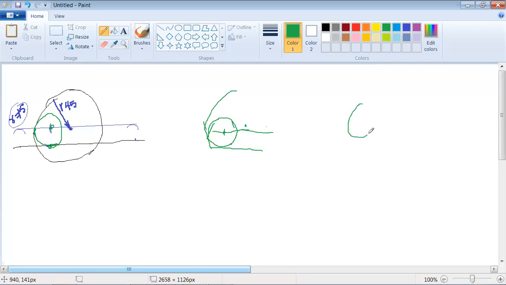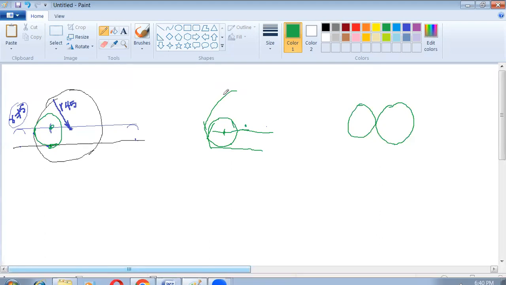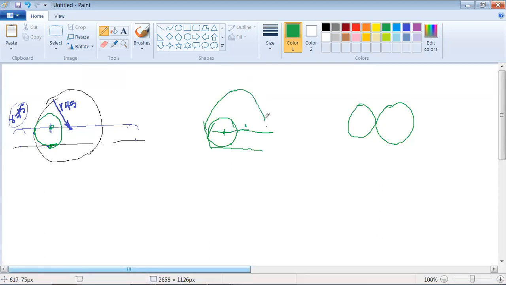One circle right here, and the other circle is touching, outside. One circle touching outside the other one. You want to draw a circle touching this one, right? But in this particular case that we have here, look at the other one, it was like this: one circle inside the other one. See, one circle inside the other, one circle inside the other.